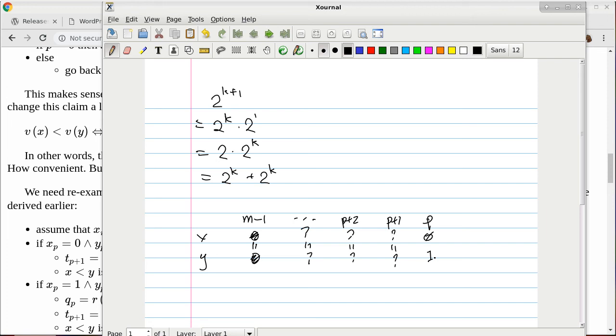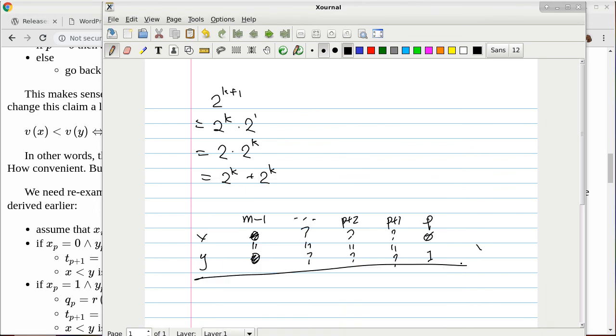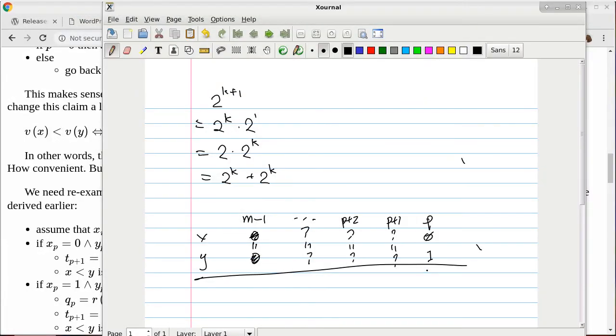Is that okay? So when you look at the long subtraction format, we know 0 minus 1 is a 1. So we know this is a 1. We kind of don't know what this is, but we also know this is a 1, don't we?